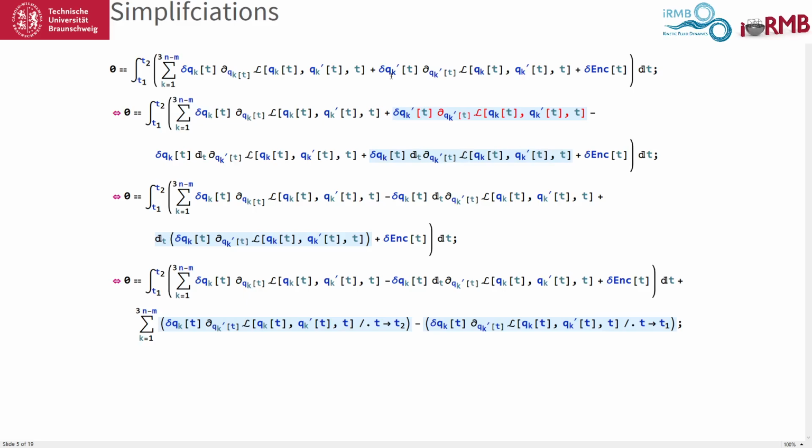These two things are not completely separate. The one is the time derivative of the other. So it's difficult to see how we could separate them. For this reason, we do the following step here.